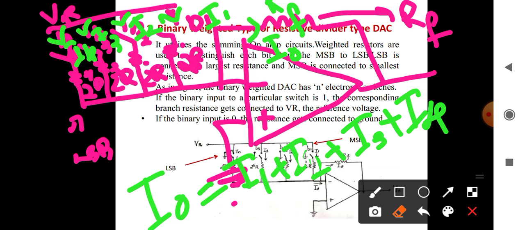I0 is equal to I1 plus I2 plus I3 plus I4. Okay, so you can see according to the Kirchhoff current law, the current entering the junction will be equal to the current leaving the junction. Current leaving the junction will be I0, it will be equal to I1 plus I2 plus I3 plus I4. Okay, I hope you understood.